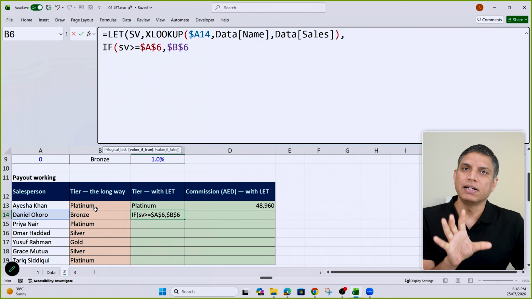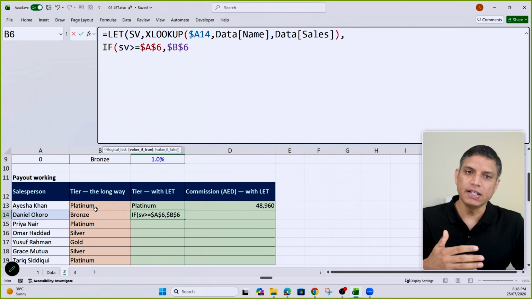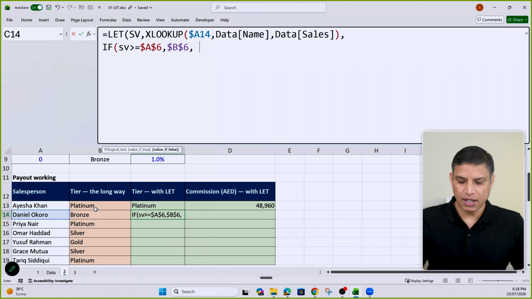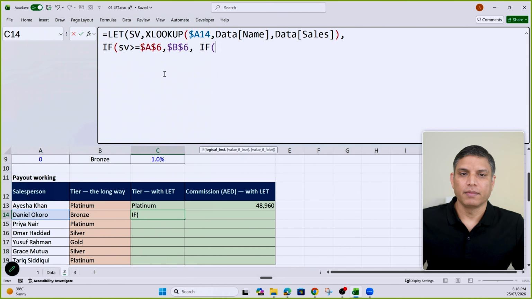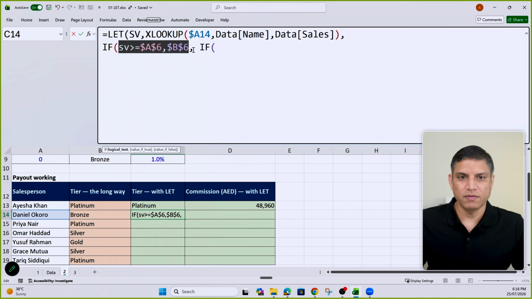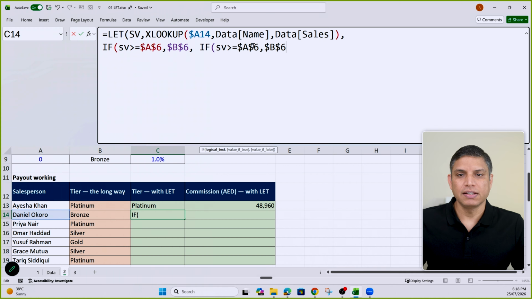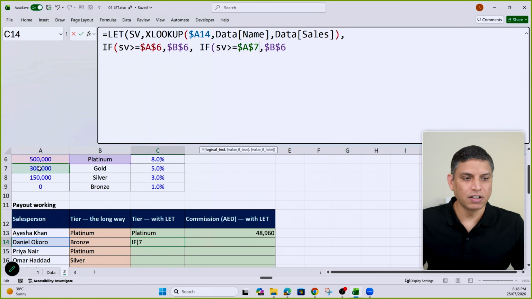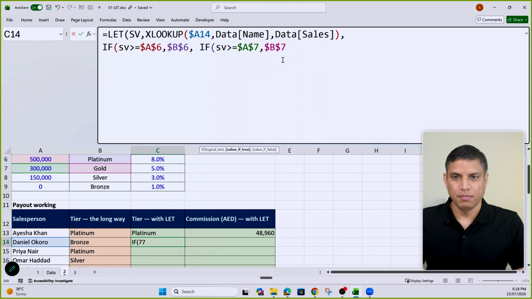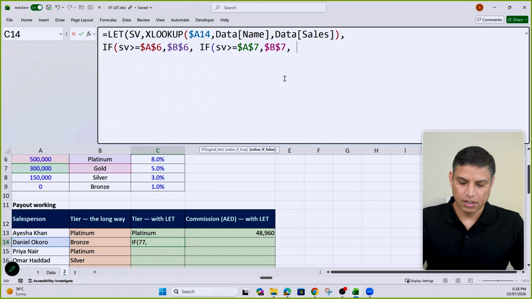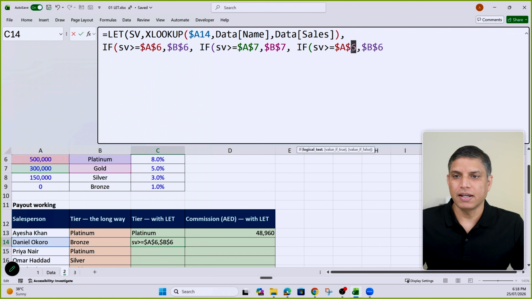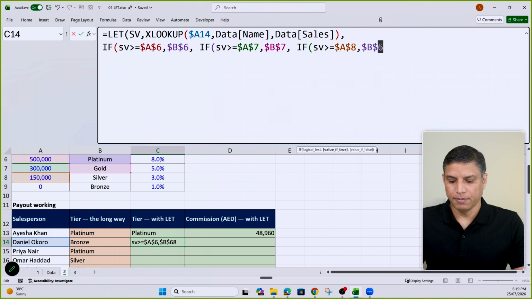That's one condition. But if this is not the case, then again start with if my SV, I will copy it from here, SV is greater than A7 because that's the next line, A7, result would be B7, comma, again I am starting with if my SV is greater than or equal to A8, then result would be B8.